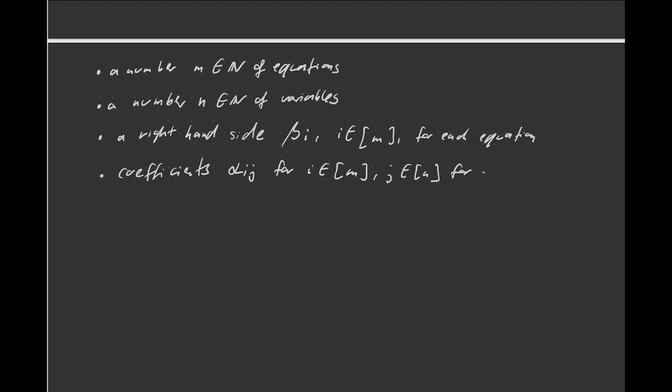So we want that for each variable and each equation. And of course, the coefficient could also be 0. So if a variable doesn't show up in a certain equation, the coefficient would just be 0.